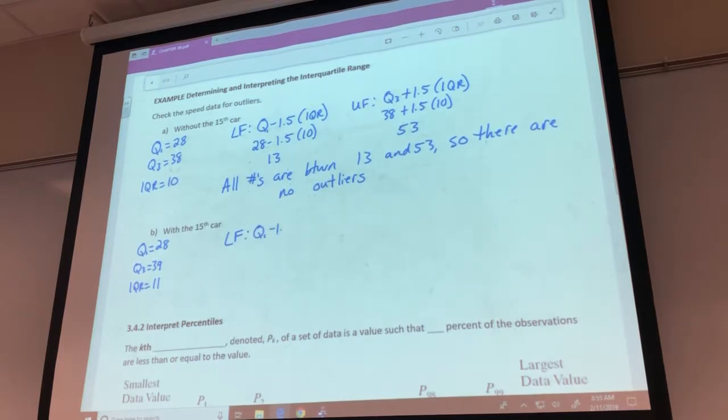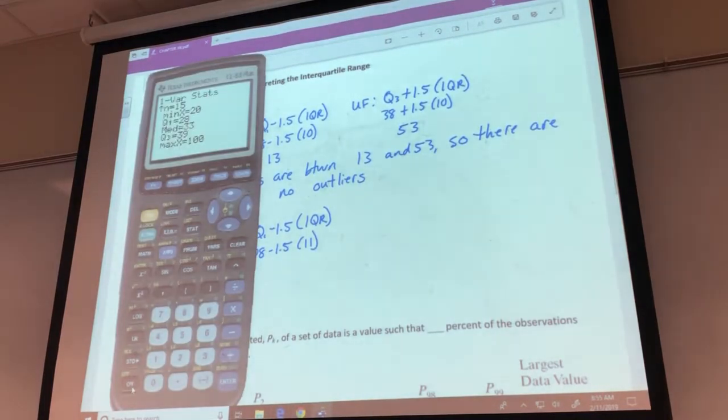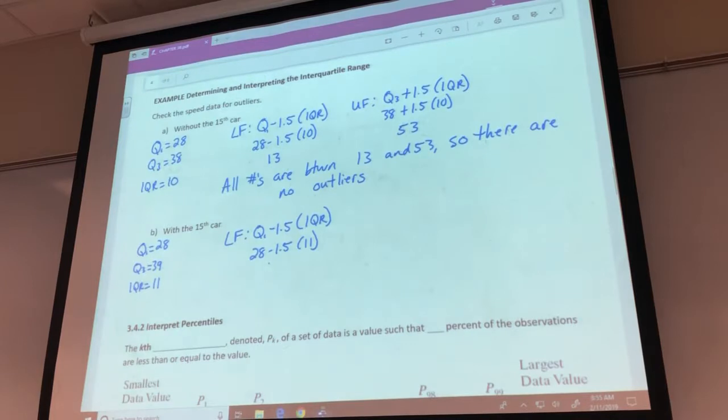Q1 is 28 minus 1.5 times 11, and that one I get 11.5. Upper fence.